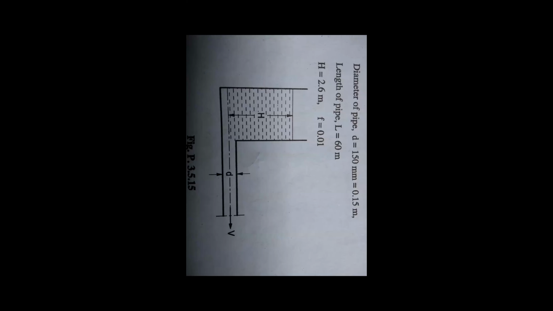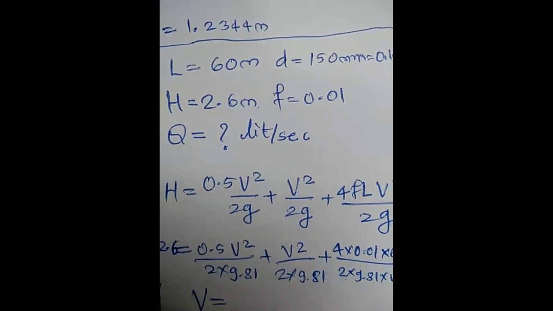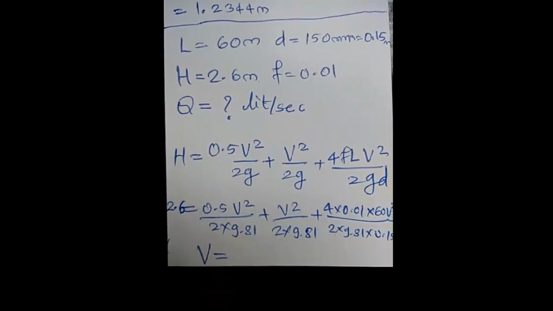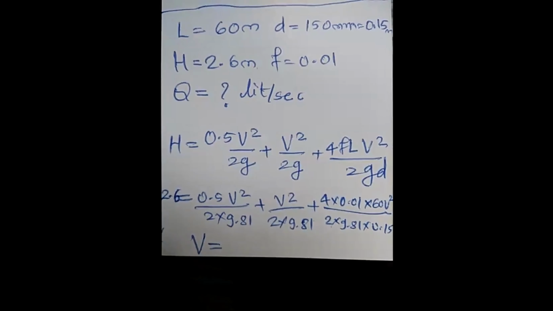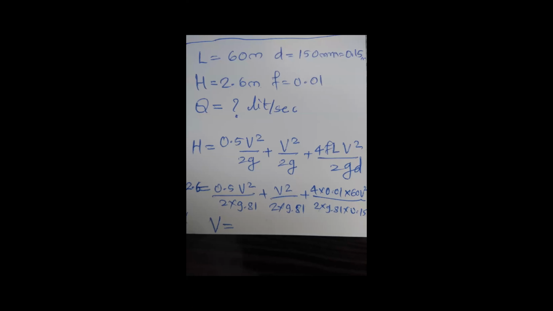Let me share the formula also. Okay, so this is what I was talking about. We need to calculate Q. So the formula will become loss of head, that is minor loss, at the entrance, at the exit, and this is major loss.